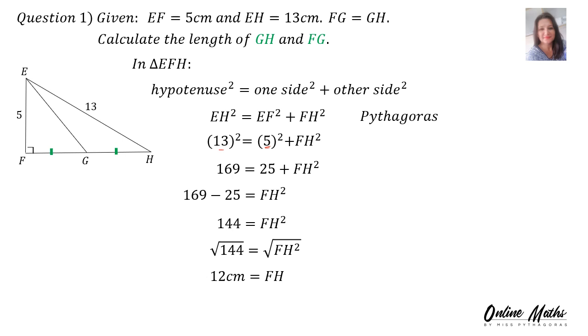So that means this whole length from there up to there is 12 centimeters. Therefore, since G is given that it's equal to GH, we can divide FH in half. Therefore, FG is 6 centimeters as well as GH, also 6 centimeters.